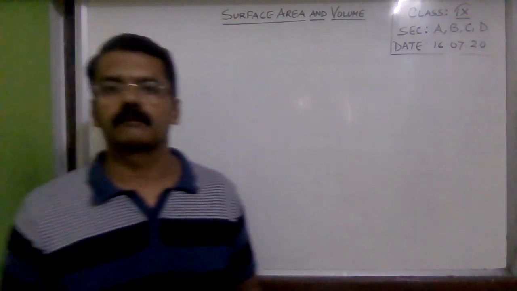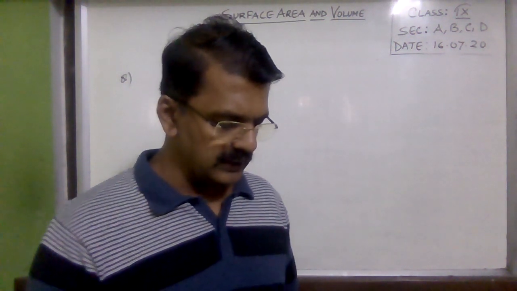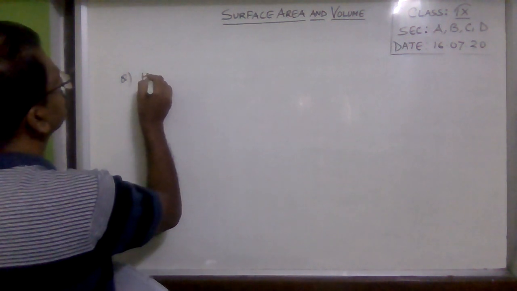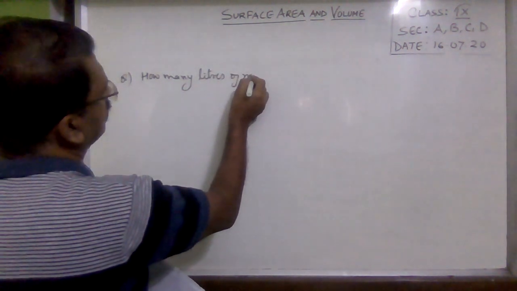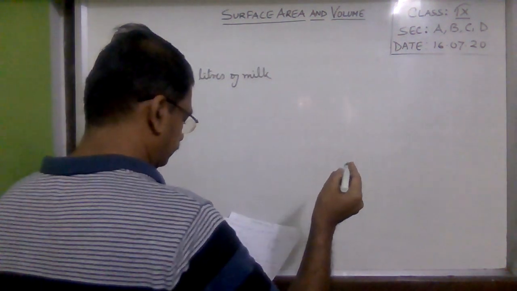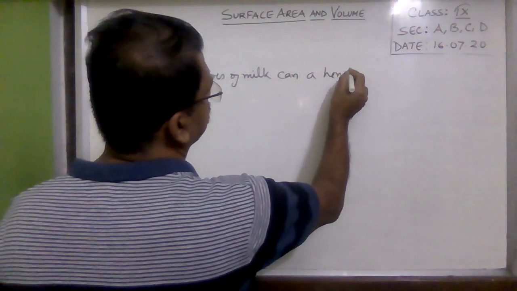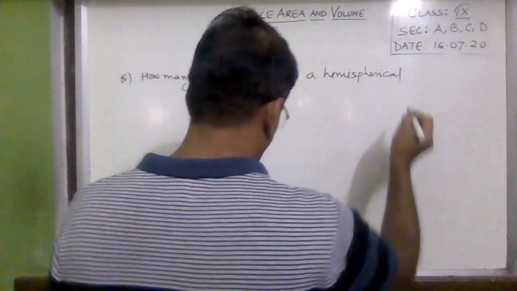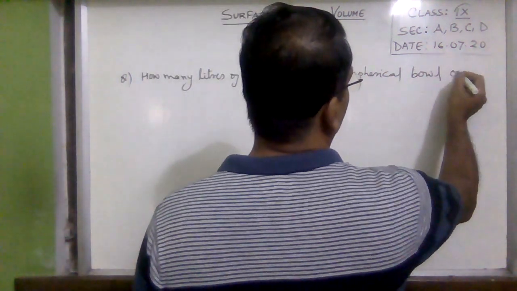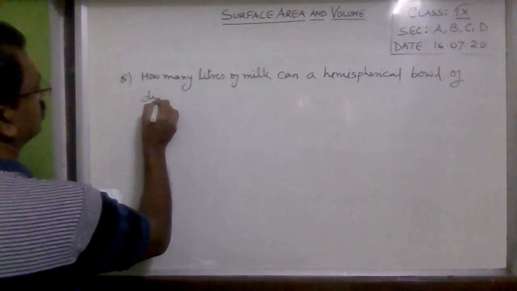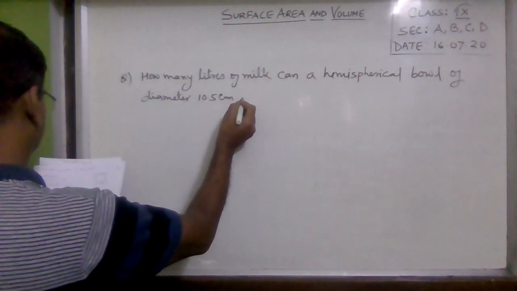Next question is, how many liters of milk can a hemispherical bowl of diameter 10.5 centimeter hold?